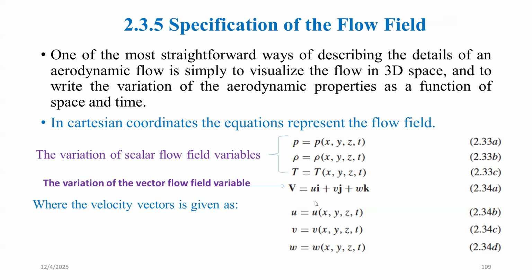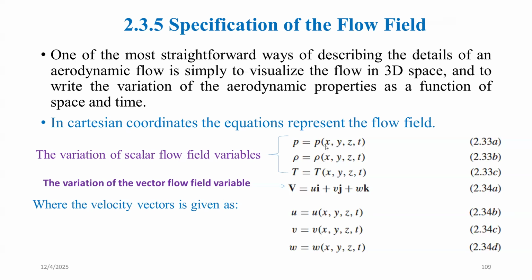But velocity is the only vector flow field variable. It is represented by u in the x direction, v in the y direction, and w in the z direction. So in three dimensions, we can represent it as u in i, v in j, and w in k. So this is a vector field.